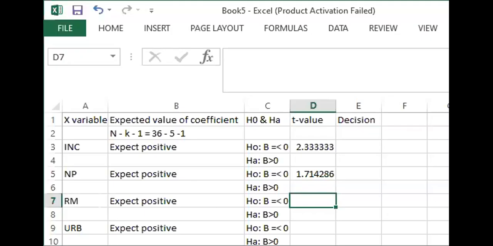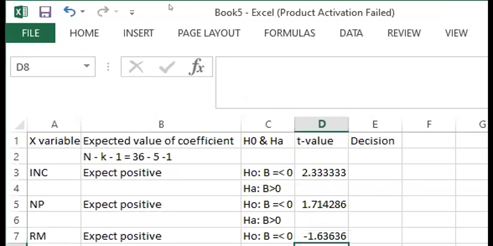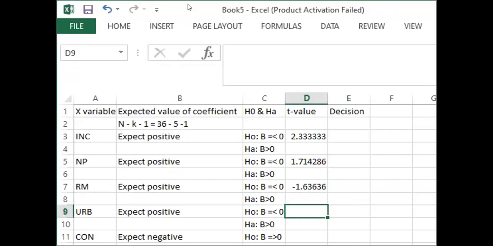And then on our RM, the value there is minus 18, and then we are dividing by 11. And then our URB is given as 44. So you take that 44 and divide by 22, the standard error.